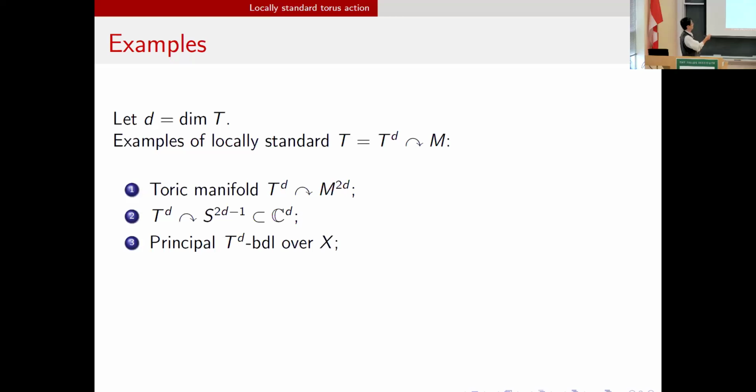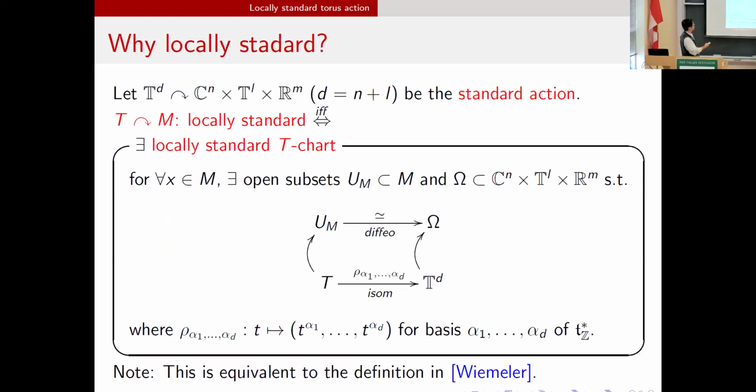Standard means that the torus acts standardly on the first d coordinates. Yes, that's right, example 1 has a fixed point. So our standard action is this one. Local standard, yeah. There may not be a fixed point if this n plus L is 0. Does it make sense?